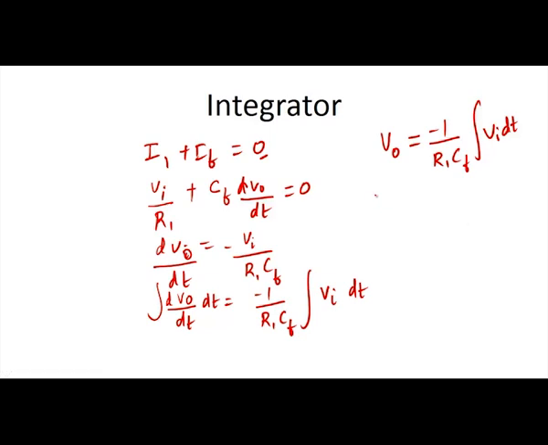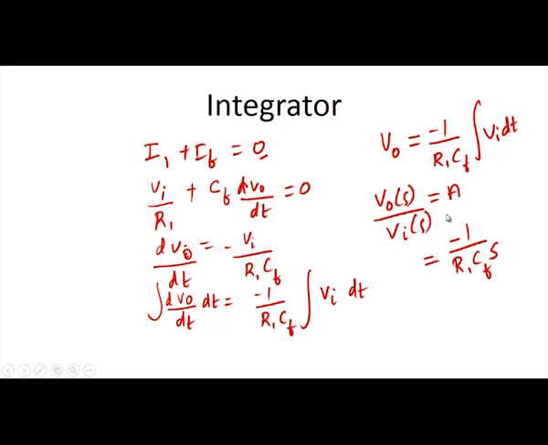So, when you take the S domain, V0 of S divided by VI of S, which is nothing but the gain of the integrator, is given by minus 1 by R1 CF S. If you take the S domain, you have to include the S term for the capacitor alone, because the capacitor's behavior changes according to the frequency, and S is nothing but the frequency term.